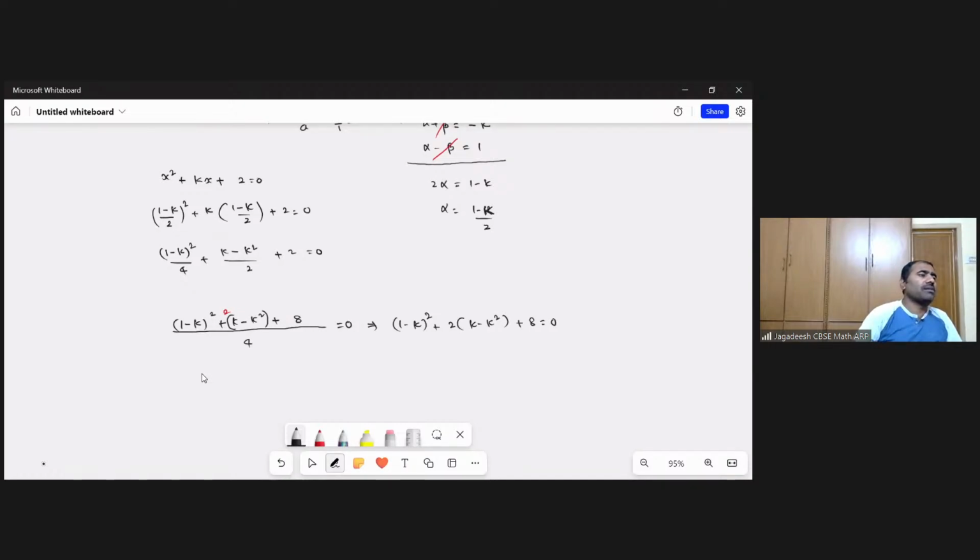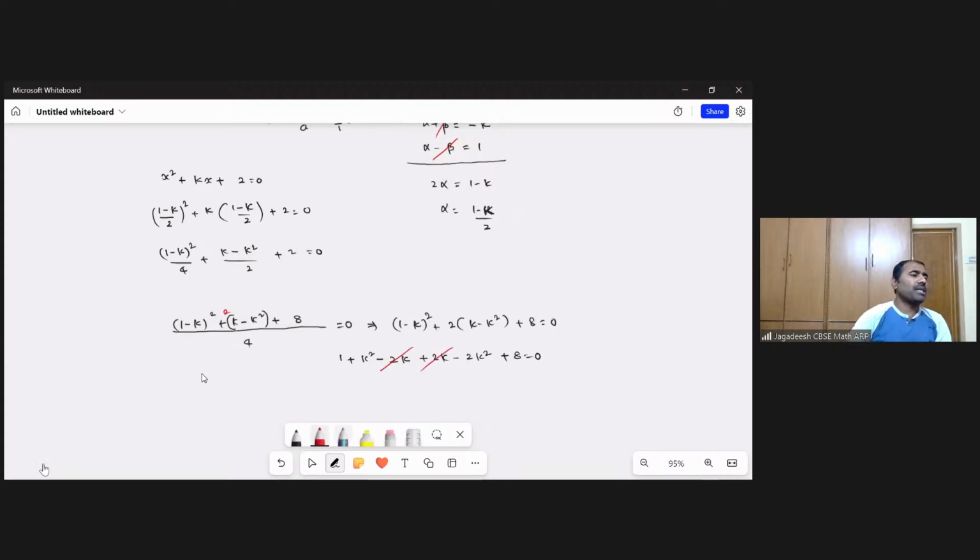Let us simplify further. (1 minus k) whole square is expanded using (a minus b) whole square, a square plus b square minus 2ab, so 1 plus k square minus 2k, plus 2 into k plus 2k, 2 into minus k square, plus 8 equal to 0. Just cancel the terms which get cancelled.